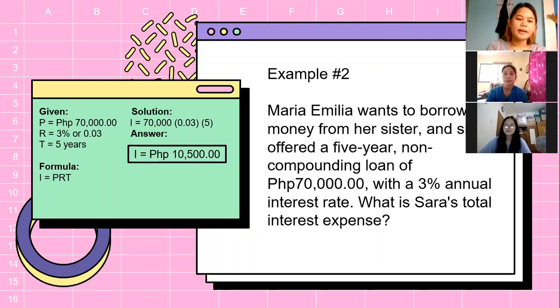The formula is I equals PRT, wherein I is the interest, P is the principal amount, R is the interest rate, and T is the number of periods. The solution is I equals 70,000 multiplied by 0.03 and 5 years. So the answer will be 10,500.